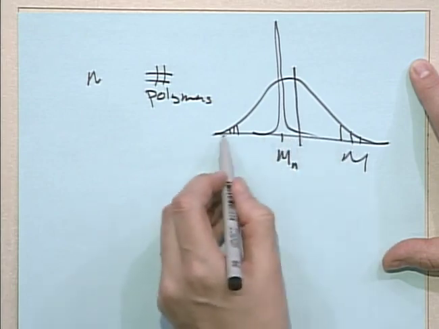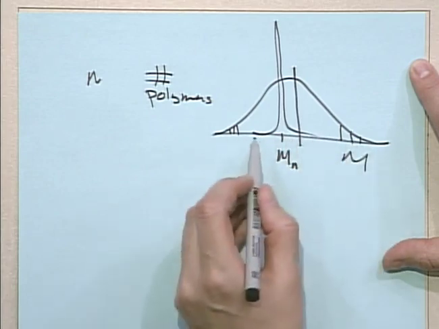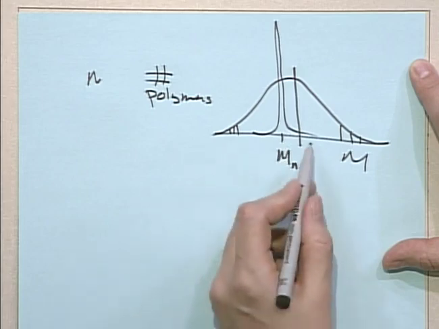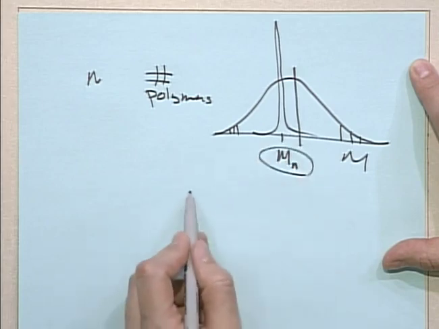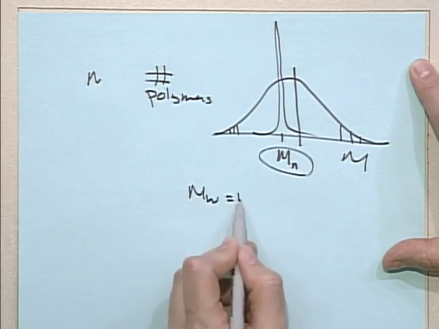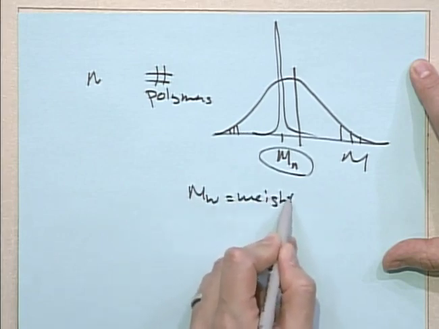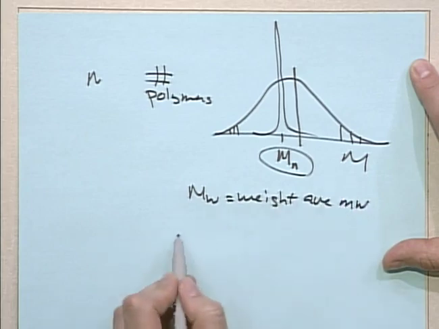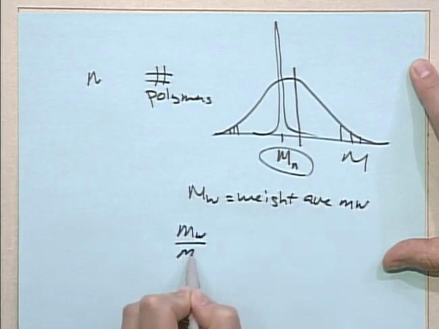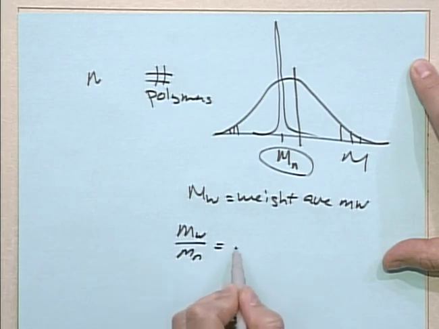But there's a way of measuring breadth of molecular weight distribution, which is to measure a different kind of average. Mn is the usual average of molecular weight. Mw is the weight average. You don't need to know this, I'm just telling you. All you need to know is that Mw over Mn is a measure of the breadth of molecular weight distribution.